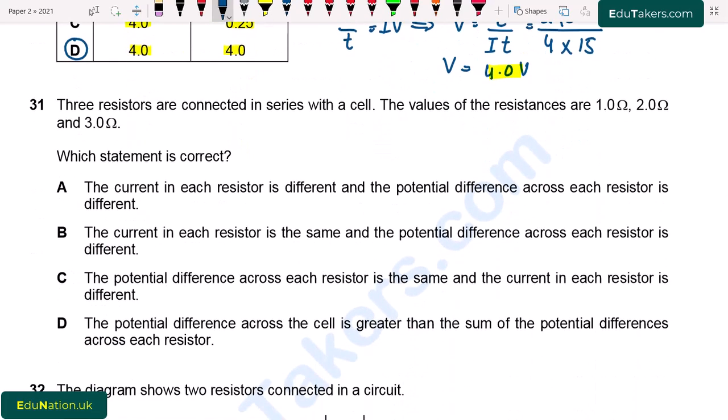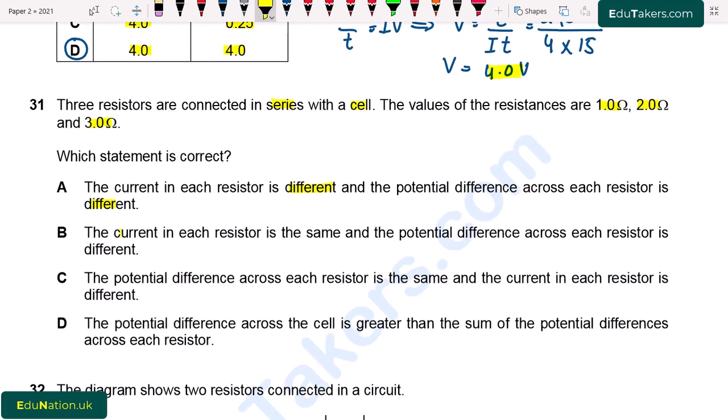Question number 31. 3 resistors are connected in series with a cell. The values of the resistances are 1.0 ohm, 2.0 ohms and 3.0 ohms. The value resistances for all of these resistors are different. Which statement is correct? A. The current in each resistor is different and the potential difference across each resistor is different.